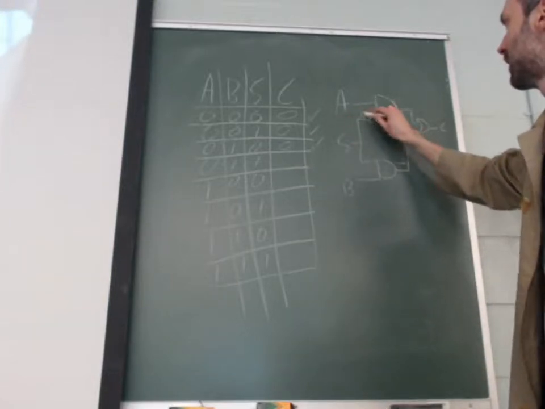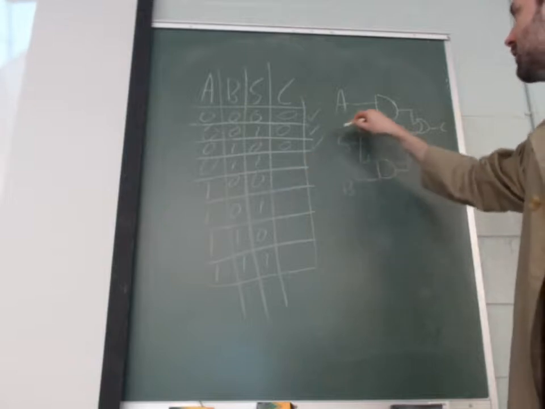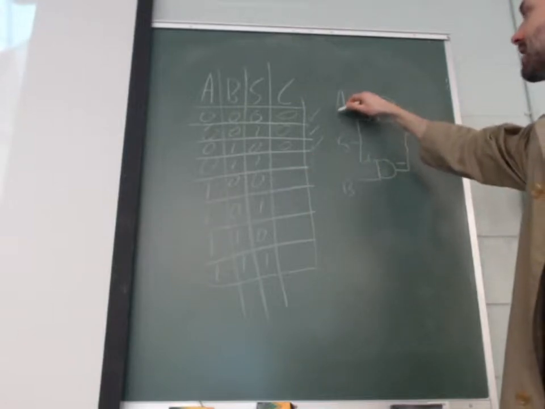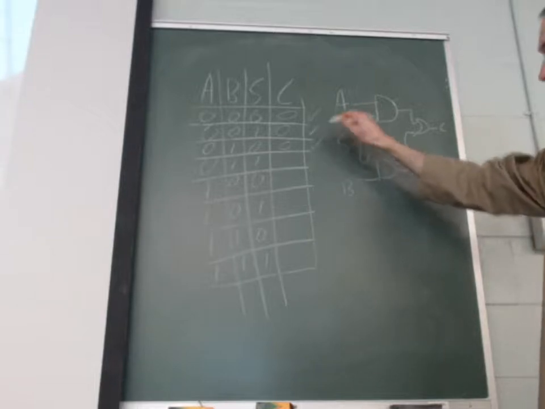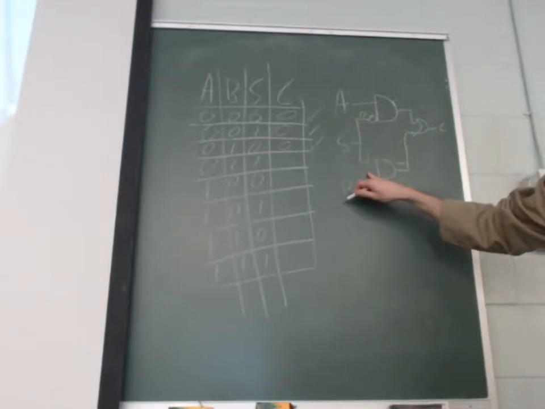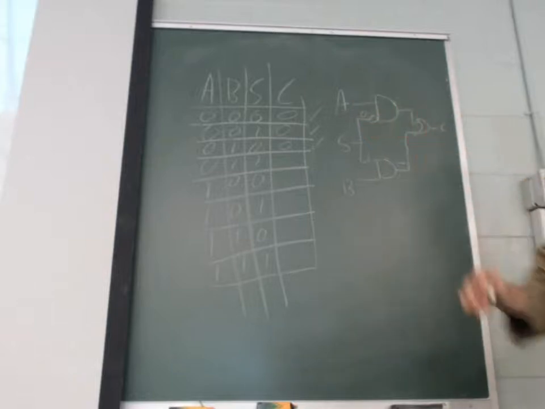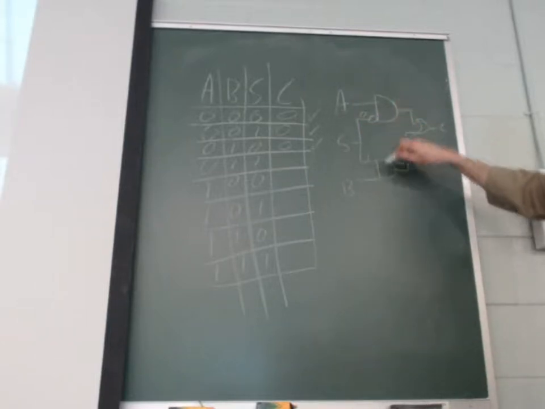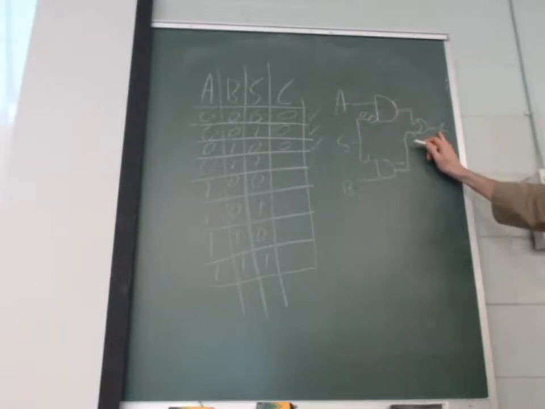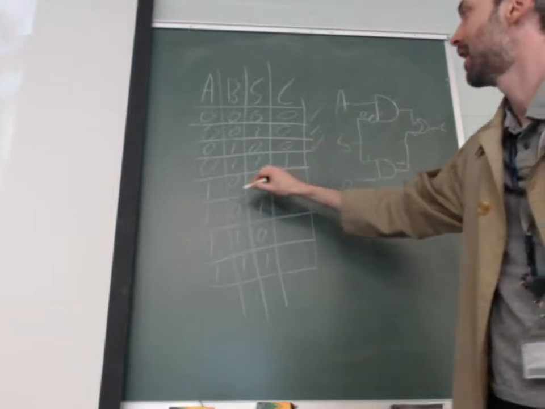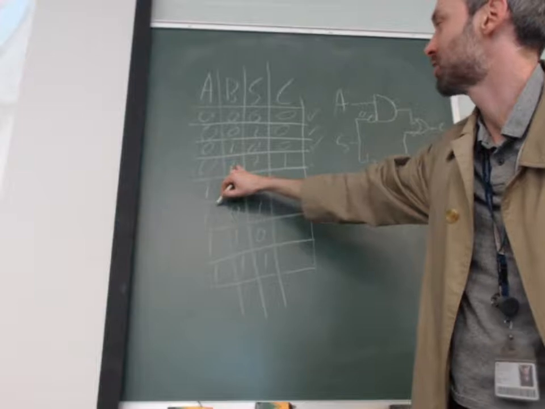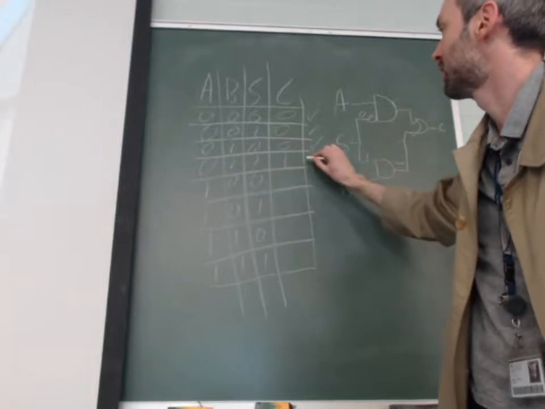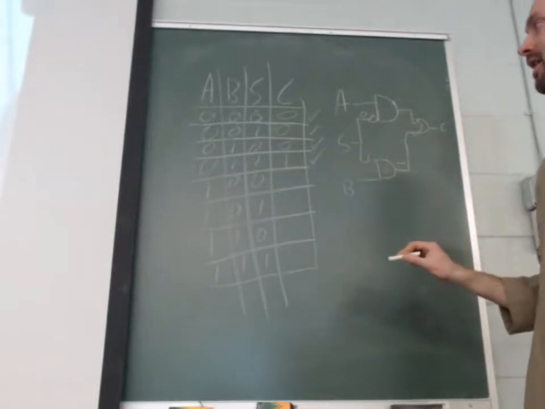Let's see. Back to this version. S is 1, so we NOT it to become 0. A is 0, so 0 and 0 is 0. S is 1 and B is 1. All right, 1. So we have 0 or 1, so C is 1. S is selecting the second one, which is B, and its value is 1, and C outputted 1, so that's correct.